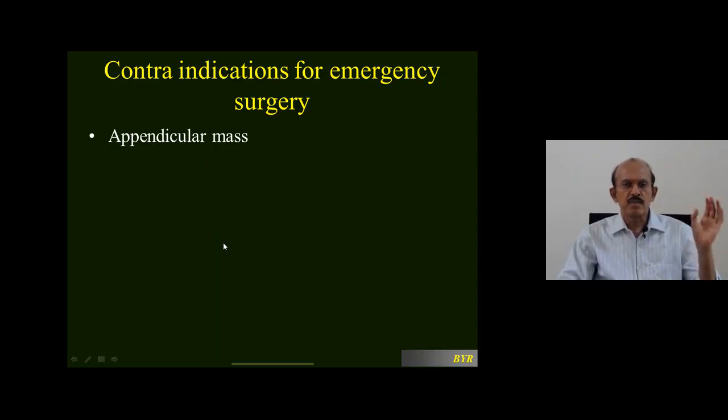First there is localized peritonitis, later there is spreading generalized peritonitis. So what are the contraindications for emergency surgery when appendicular mass has formed? Why is it contraindicated? Because the inflammation and infection are localized in the right iliac fossa.